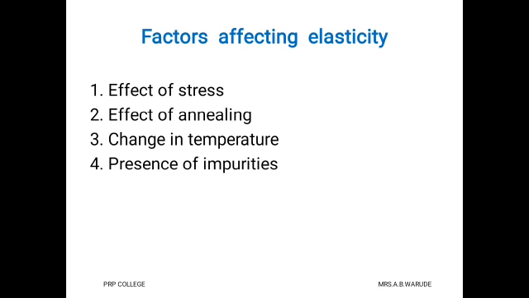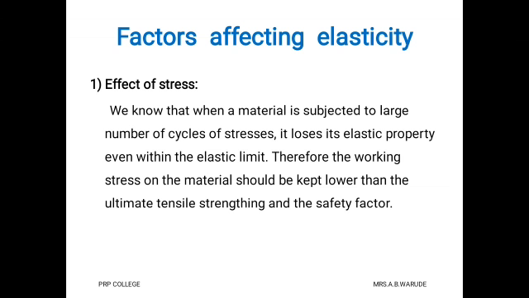And there are some factors on which elasticity depends, called factors affecting elasticity. The first is the effect of stress, the second is the effect of annealing, the third is change in temperature, and the fourth is presence of impurities. Now we see one by one.